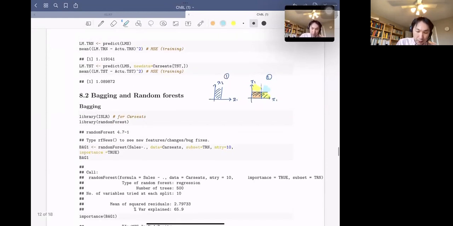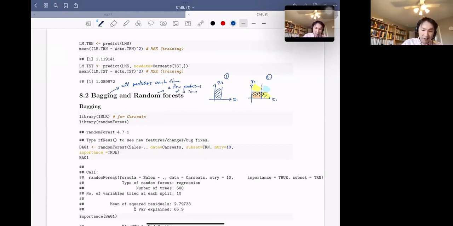In bagging, we always use all variables, all predictors, each time. And random forests use only a few predictors at a time.